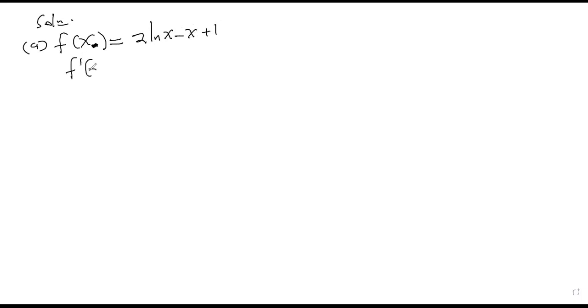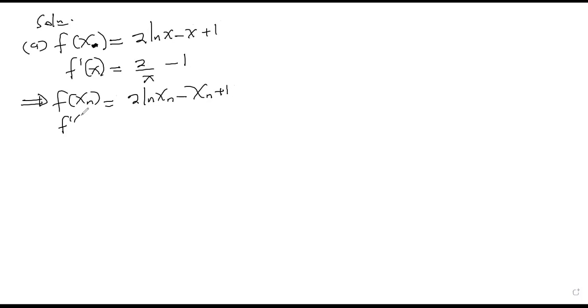Then the derivative will be 2 over x, because this is 2 times the derivative of ln x, which is 1 over x. So that is 2 over x minus 1. Implying that f of xn, everywhere I find x I must put subscript n, is 2 ln xn minus xn plus 1, and f prime of xn is going to be 2 over xn minus 1.